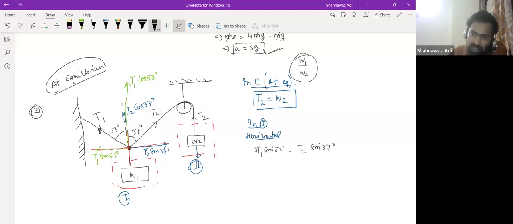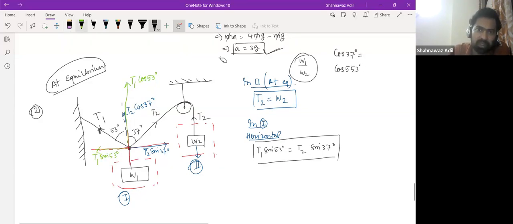Can anybody tell me what is sine 37 and cos 53? We have to remember these values. What was cos 37? What was cos 53? Do you guys remember? This thing we have discussed, right? That is why these things we have to memorize.